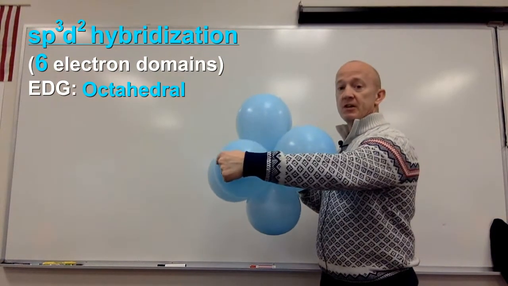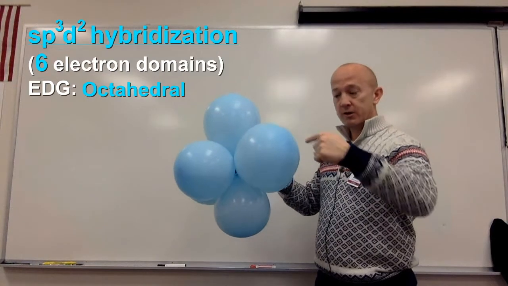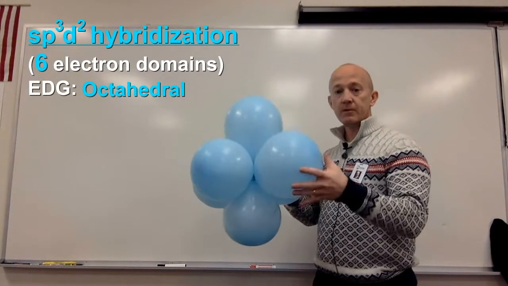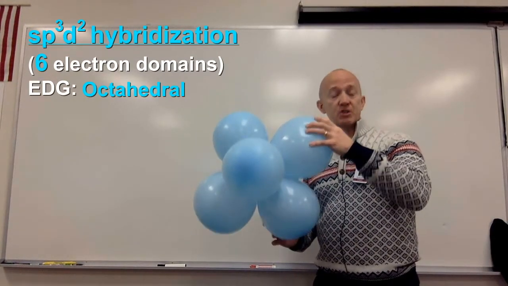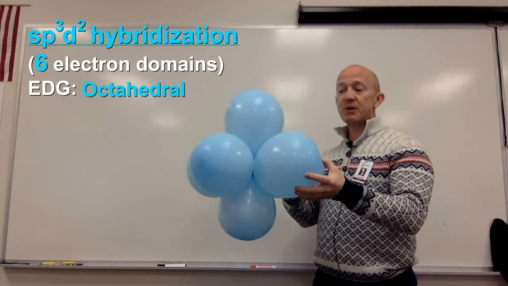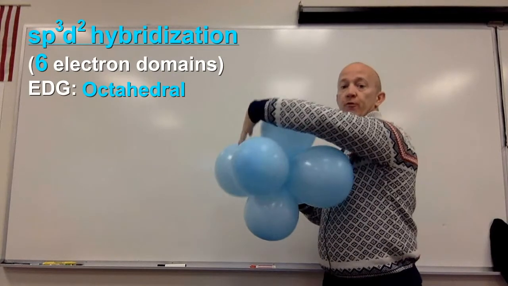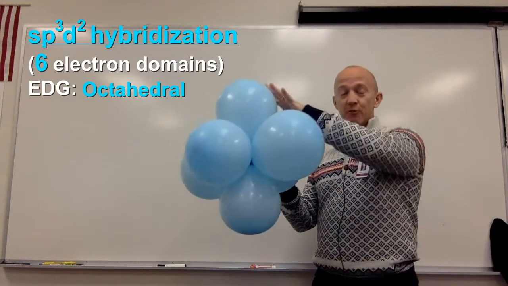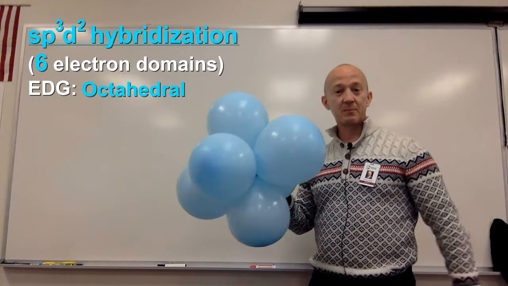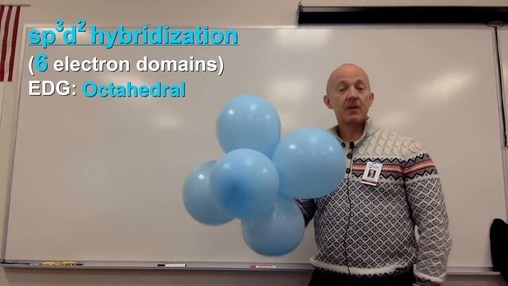If we look, we see 2 pyramids again. One here and one here. This time, though, we have a square base. So each pyramid has 1, 2, 3, 4 faces on it. So 4 faces on top, 4 faces on bottom, 8 faces. Octahedral.